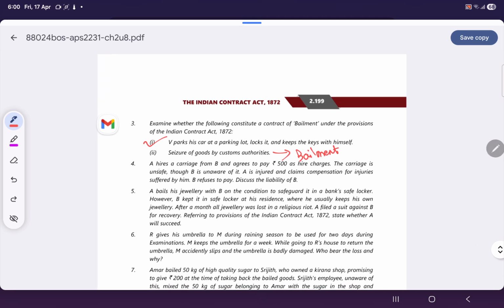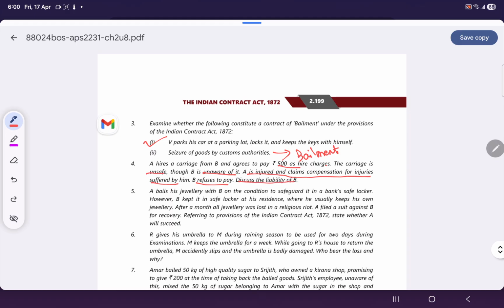A hires a carriage from B and agrees to pay 500 as hire charges. So this is a gratuitous bailment. Okay. The carriage is unsafe though B is unaware of it. I'm very sorry, this is non-gratuitous bailment. The carriage is unsafe, so aware or not aware of it, B should pay the compensation. A is injured and claims compensation for injuries suffered by him. B refuses to pay. Discuss the liability.